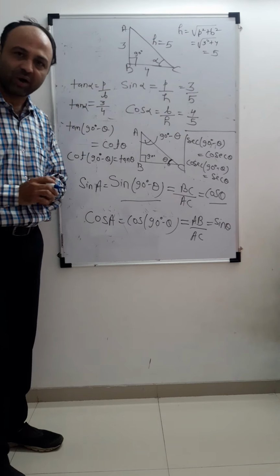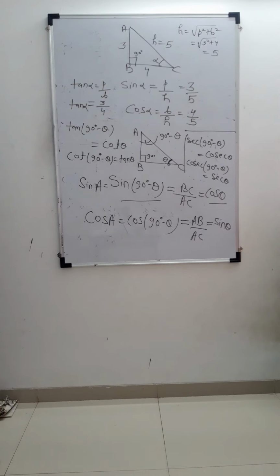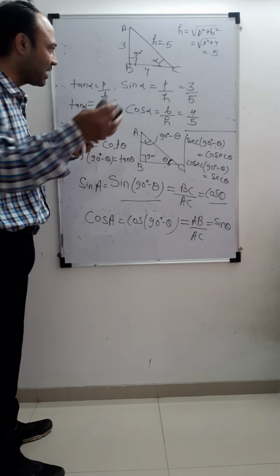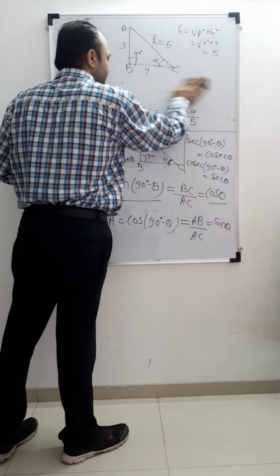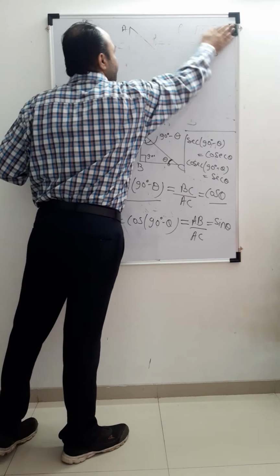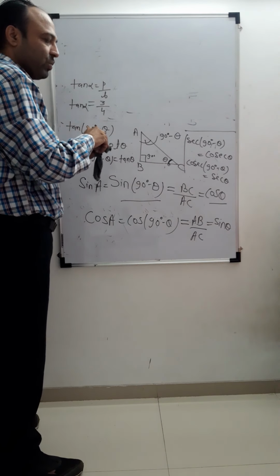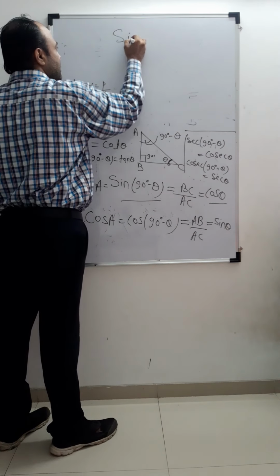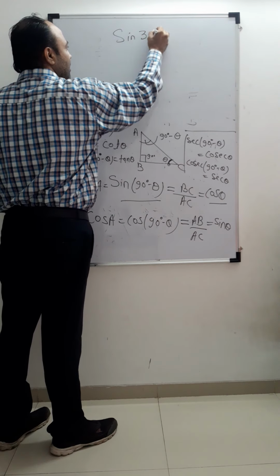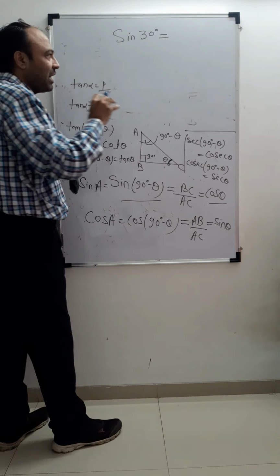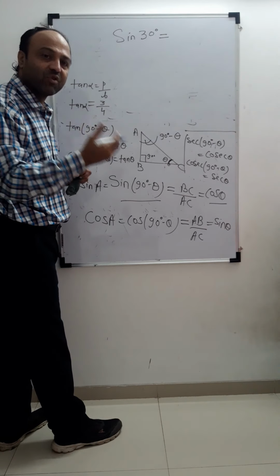This is very, very important. Why is it important? Sometimes we have to change sine to cos, cos to sine, this way. In that situation, it is very important to know these results. Suppose I have sine 30 degrees and I would like to write it in terms of cos.